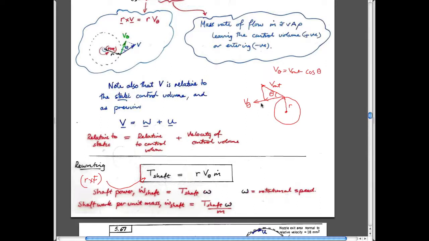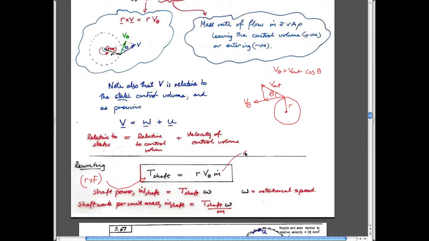Always we relate these velocities, as with the x, y, or z directions when we look at linear momentum, now to this coordinate direction, which is the only unique coordinate direction: the tangent to the rotation surface. And this is the mass flow rate out.